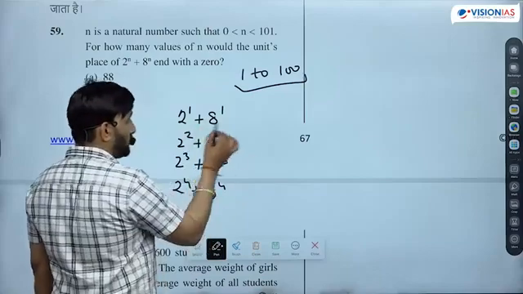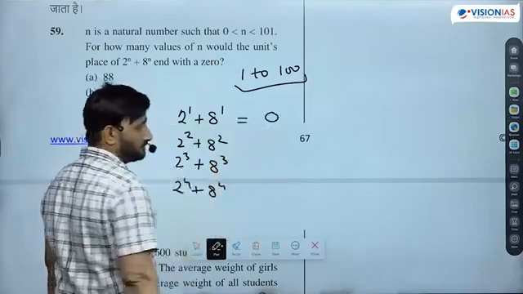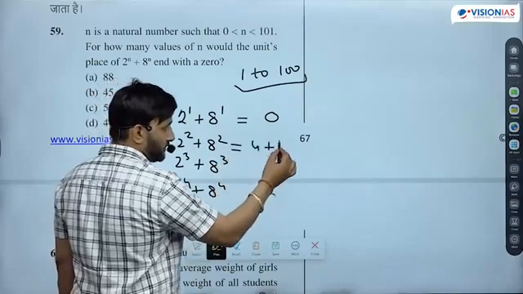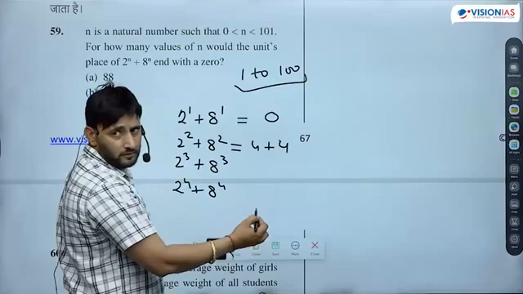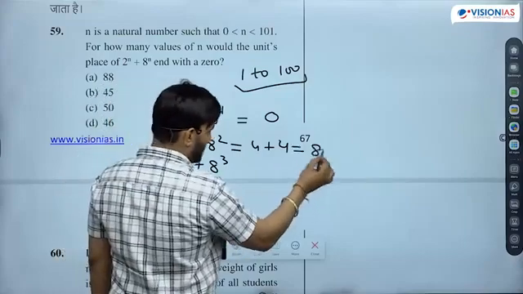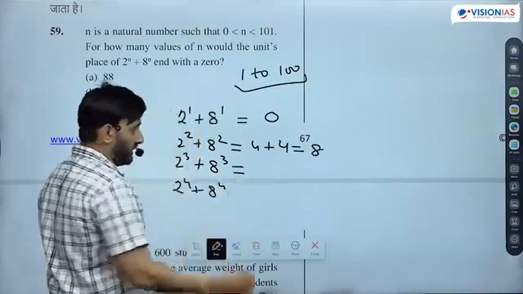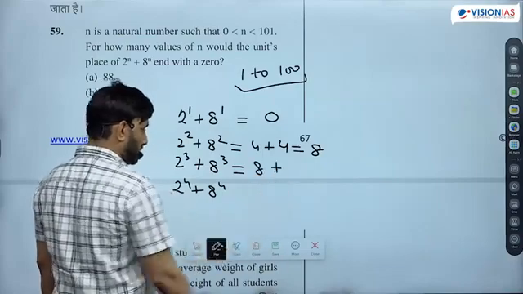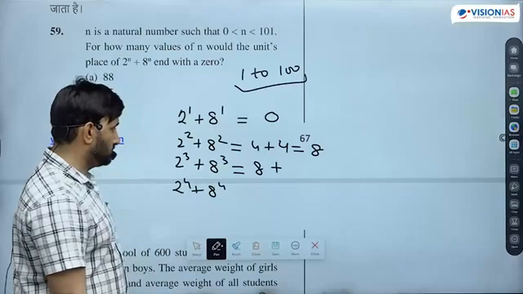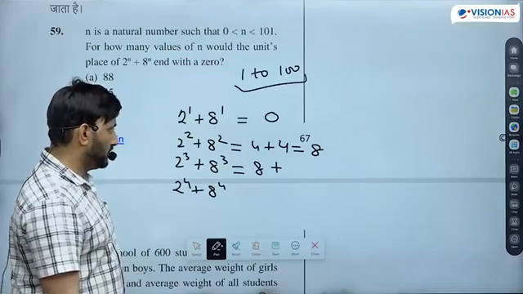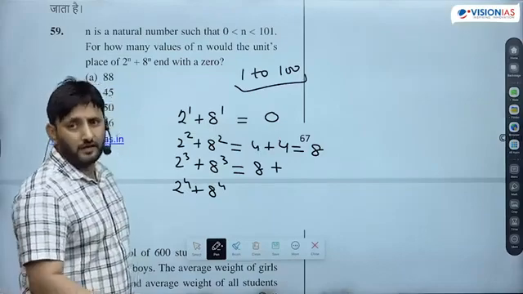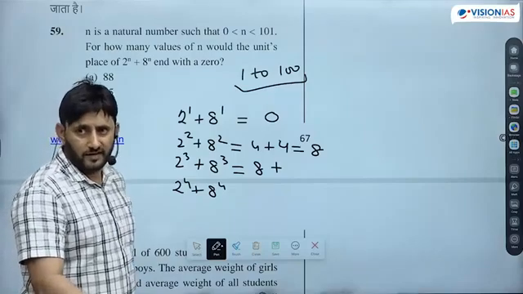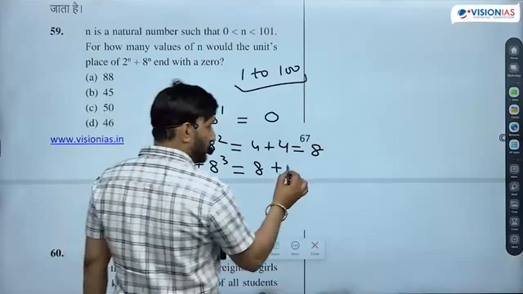So 2 to the power 1 plus 8 to the power 1 is 10, the unit digit is 0. 2 square is 4, 8 square is 64, 64 means 4, so the unit digit will be 8. 2 cube is 8. 8 cube is 512, so you will get 2 here.